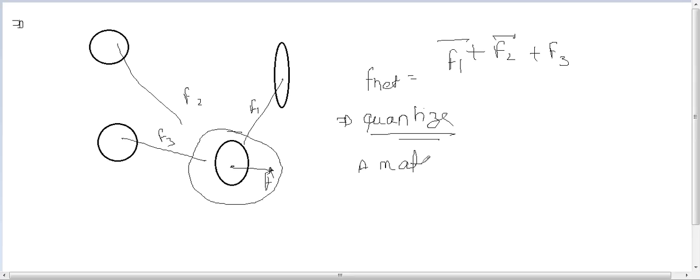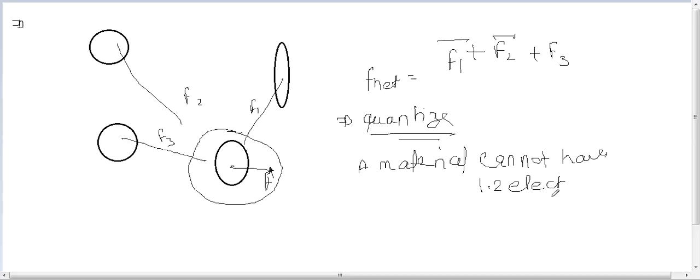A material cannot have half an electron, or 1.2 electrons. The number of electrons in a material is always integral. It can be 1, it can be 2, but it will never be 1.2. So charge is always quantized.